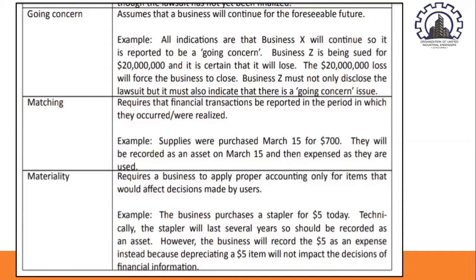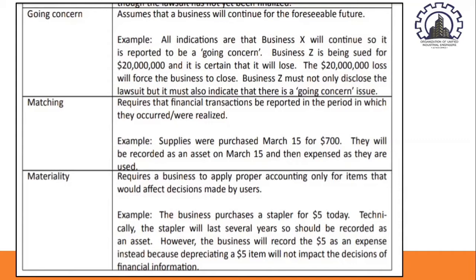And we also have the materiality principle. The materiality principle requires a business to apply proper accounting only for items that would affect decisions made by users. Now, in order for us to better understand this, let us have an example. The business purchases a stapler for $5 today. Technically, the stapler will last several years, so it should be recorded as an asset.